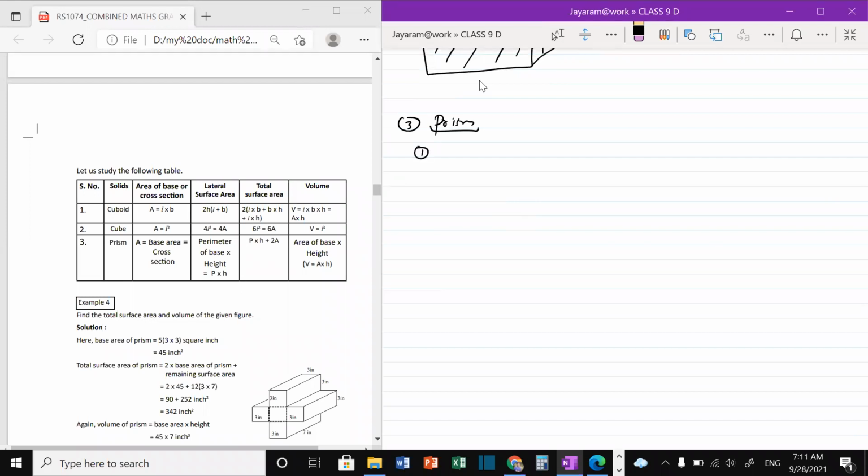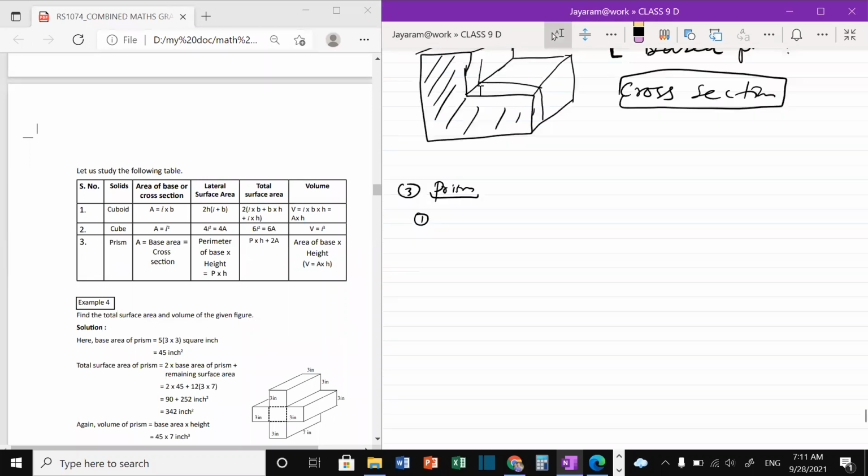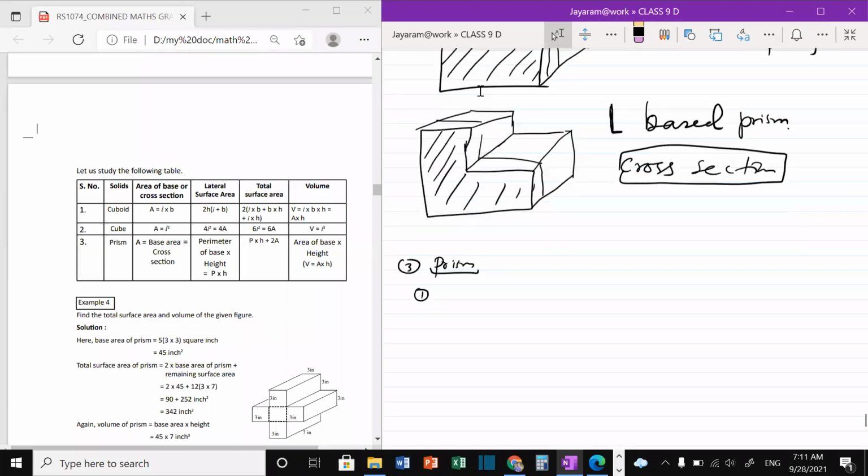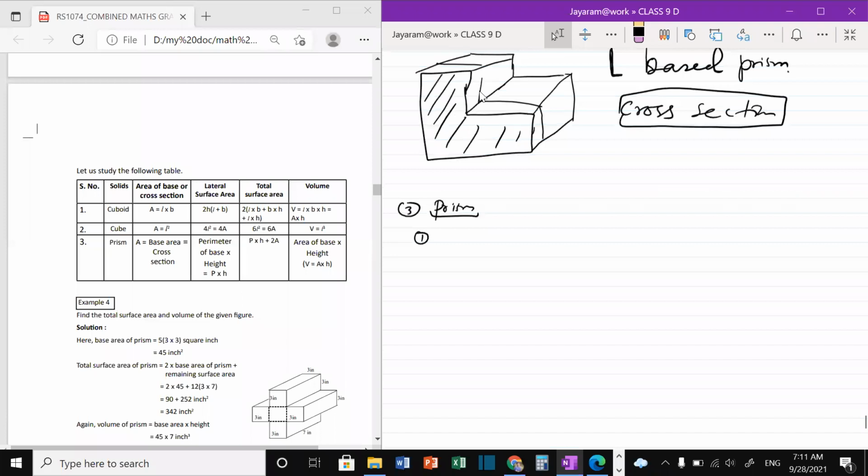I'll just draw a little bit downside here. Now in prism, we call it area of base or area of cross section. These are the same meaning.